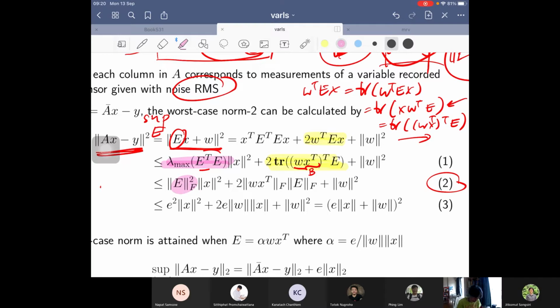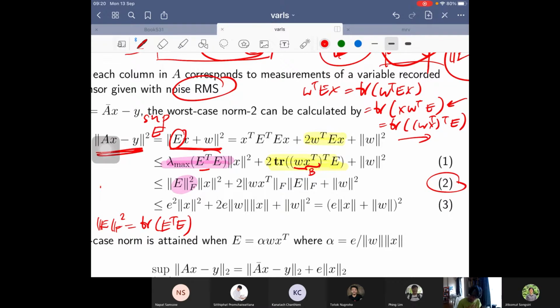Please check, because the Frobenius norm of E is the trace of E transpose E. What is the relation of the trace of a matrix with the eigenvalues of that matrix?